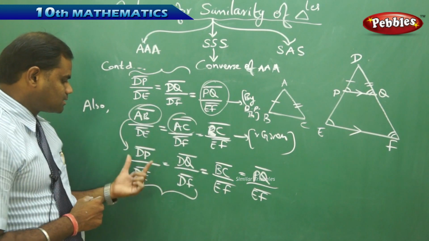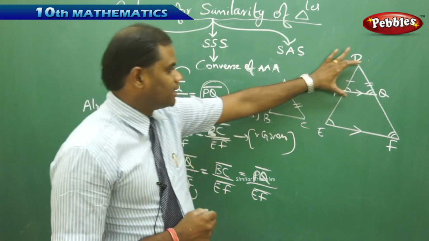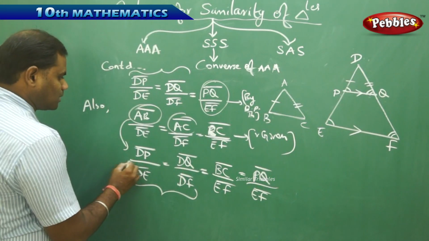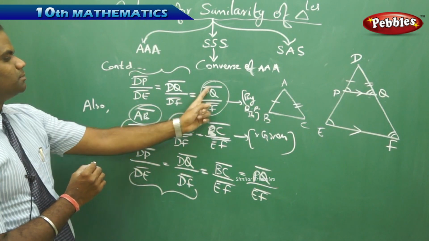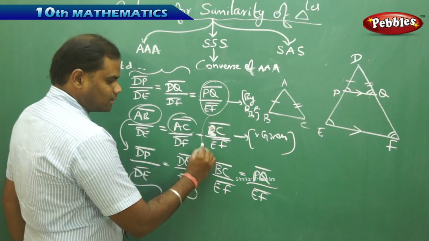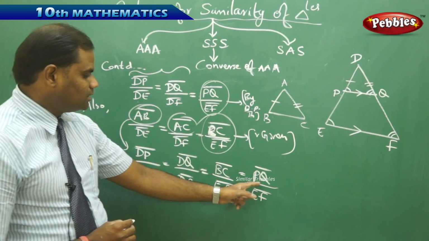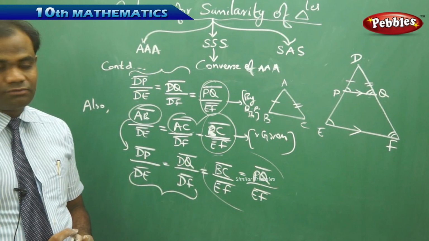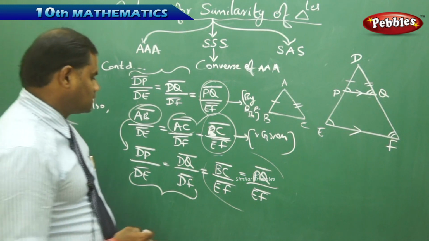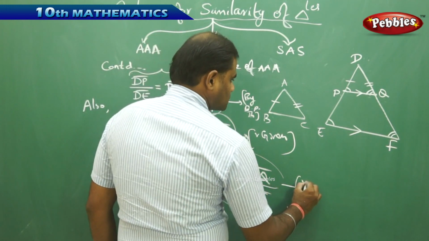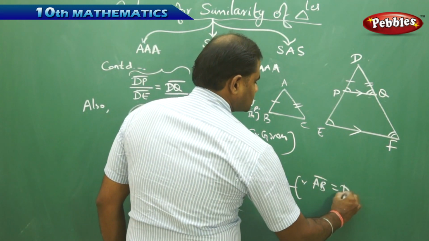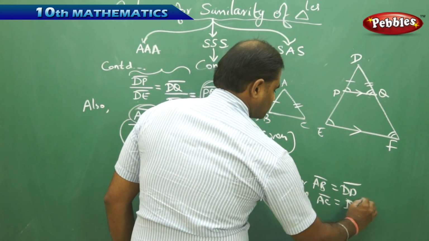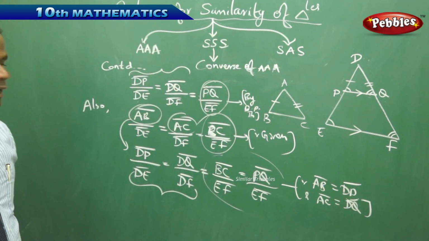So when AB is substituted for DP because they are equal, and AC is substituted for DQ because they are equal, this ratio comes back to the original ratio, which is PQ by EF. Therefore, my third ratio, BC by EF, will be equal to PQ by EF, is what I get finally from the ratio. This is all since AB equals DP and AC equals DQ.